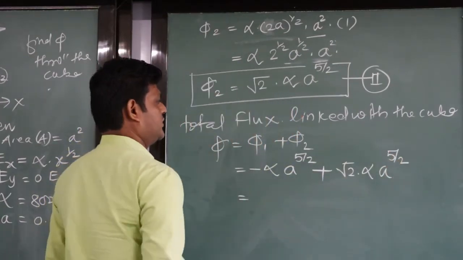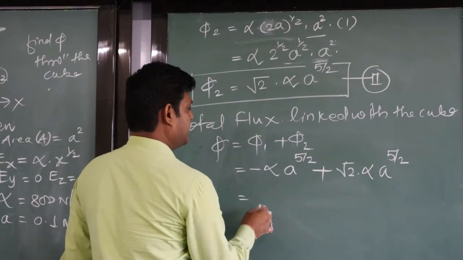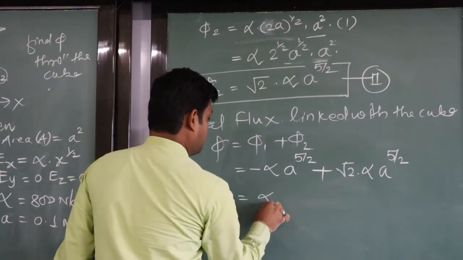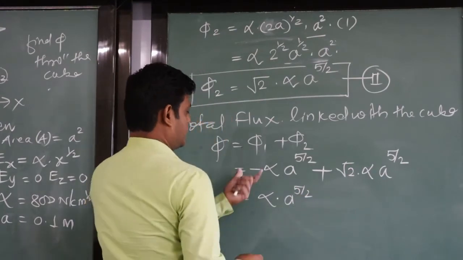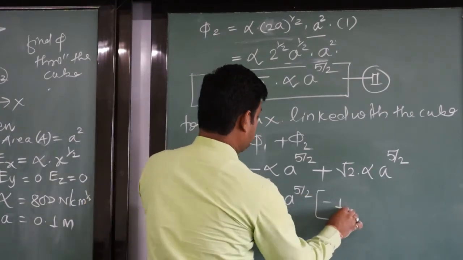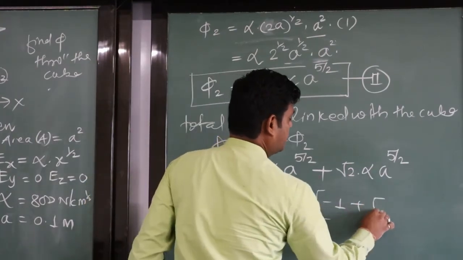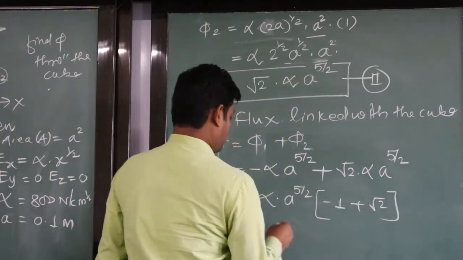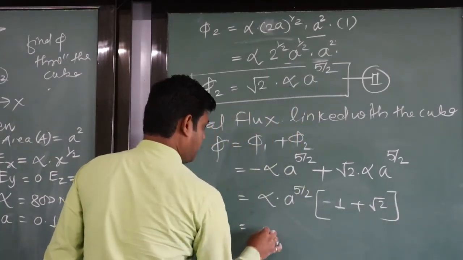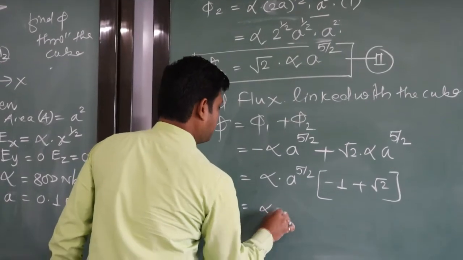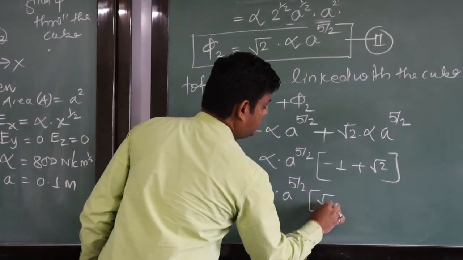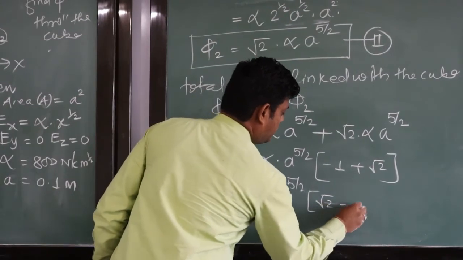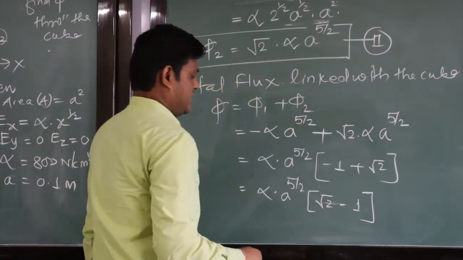Take the common. So, we will write alpha into a raised to phi by 2 outside. So, here it becomes minus 1, here it becomes only root 2. So, phi equal to alpha into a raised to phi by 2 into root 2 minus 1.